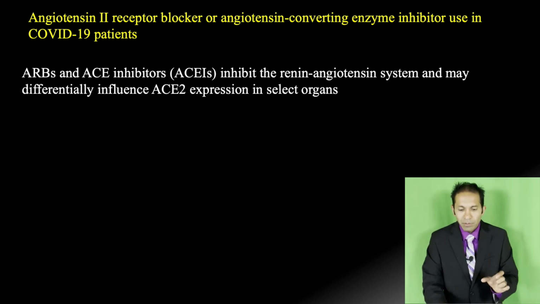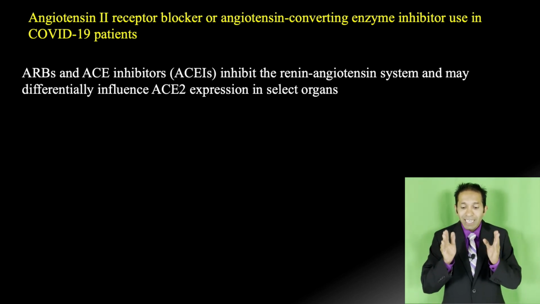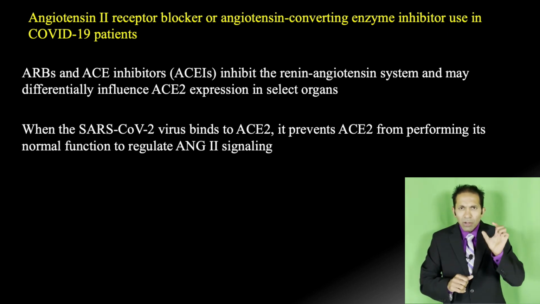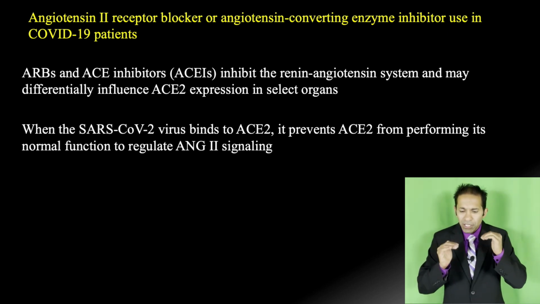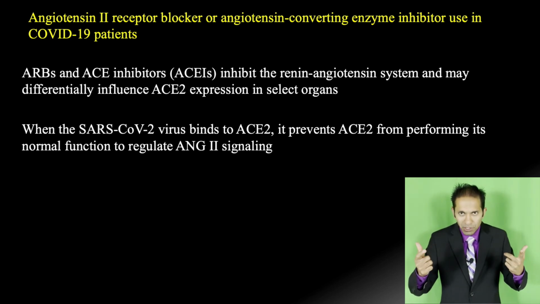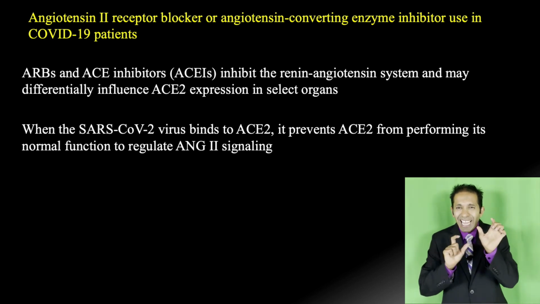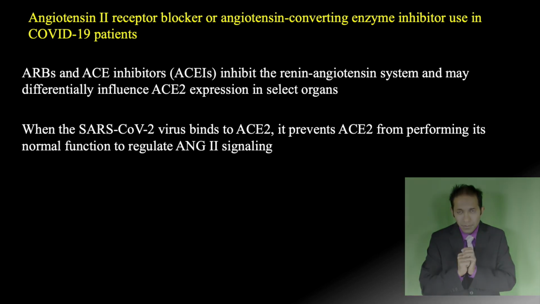ARB and ACE inhibitor inhibit the renin-angiotensin system, and it can affect ACE2 level in your body. Okay, when the SARS-CoV binds with ACE2, it prevents ACE2 from performing its normal function, and it also regulates angiotensin 2 signaling.